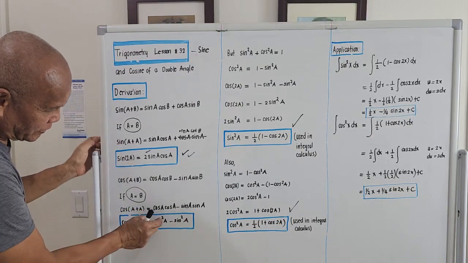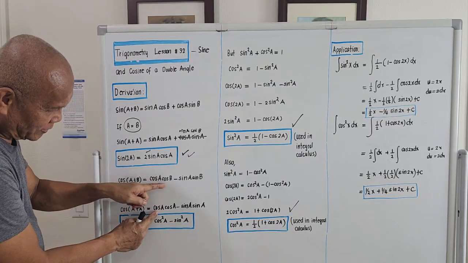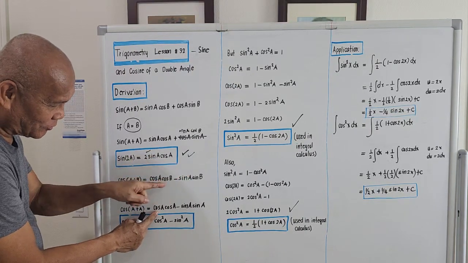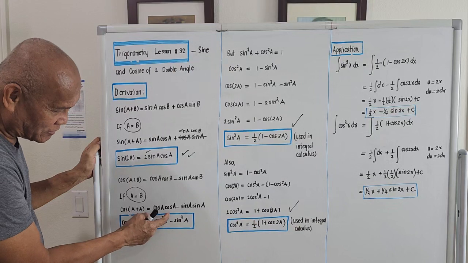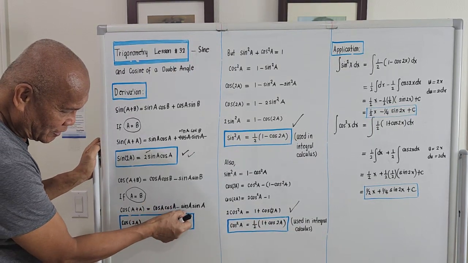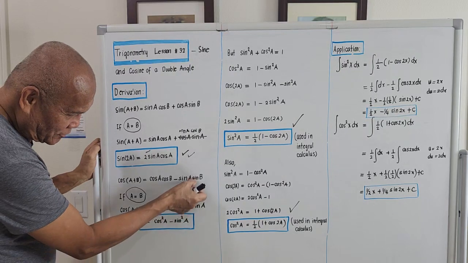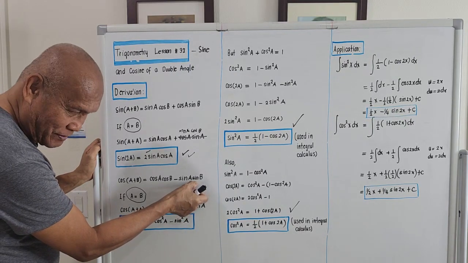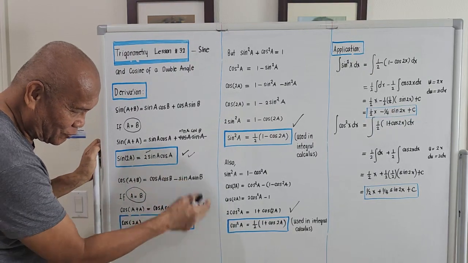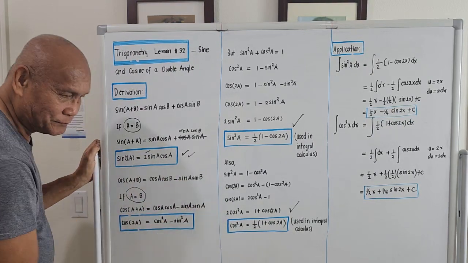First one, it's cosine A. Next one is cosine of B, but we have said that A is equal to B, so instead of writing B, we will write it again as cosine of angle A, minus sine of angle A. This is sine of angle B, but B is equal to A, so instead of sine of B, we will write it as sine of angle A.